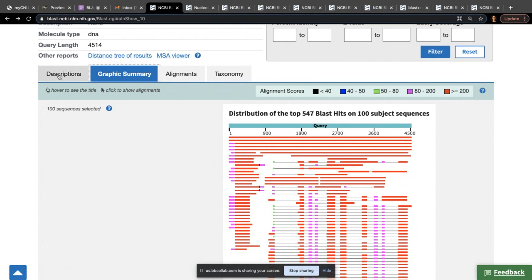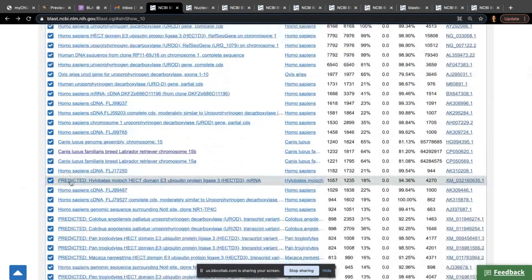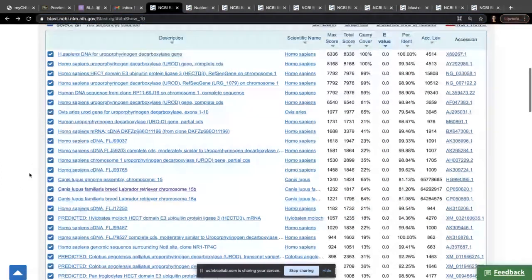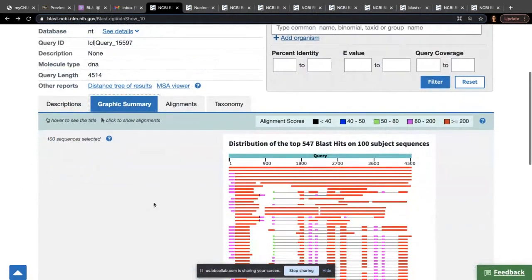Whenever something says predicted, it's not that it's not true, it's just that this is based on sequence similarity, but somebody has not necessarily isolated that mRNA sequence. So when I'm asking how many genes are predicted in that sequence, it's only one, because it's the one bar, no interruptions, that's that one gene.